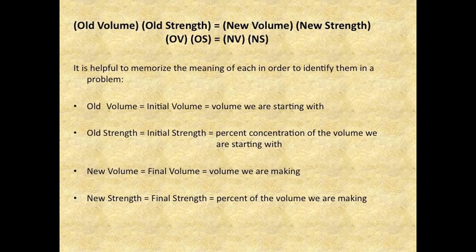Old strength is equal to initial strength, which is the percent concentration of the volume we are starting with, which is the strength. New volume equals final volume, which is equal to the volume we are making, and that would be what the doctor prescribed. The new strength equals final strength, which equals the percent or the strength of the volume we are making, and that would be the strength that the doctor prescribed.